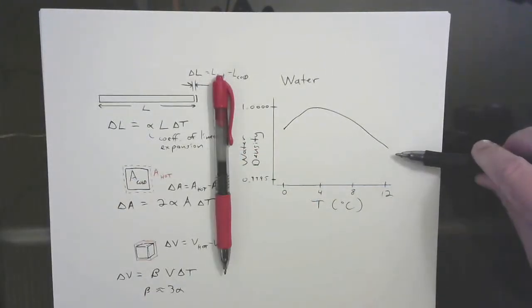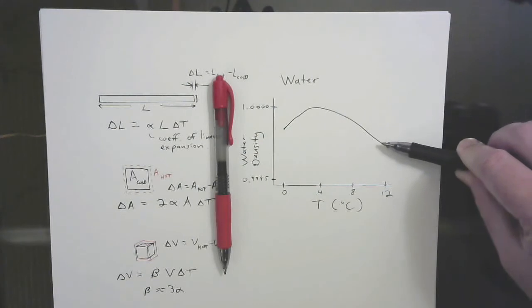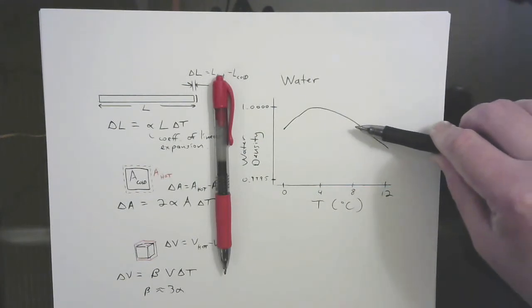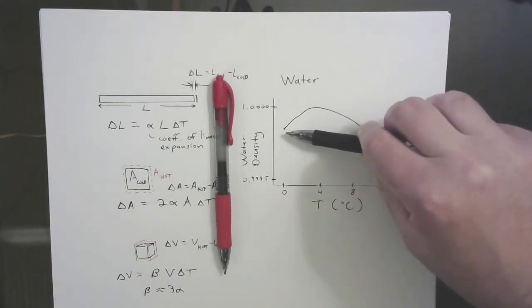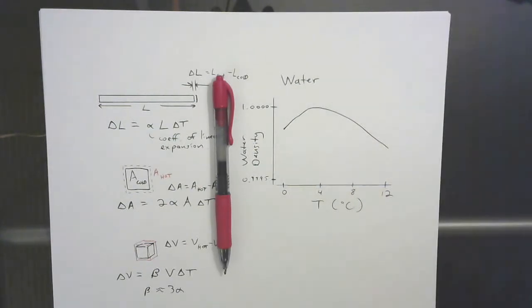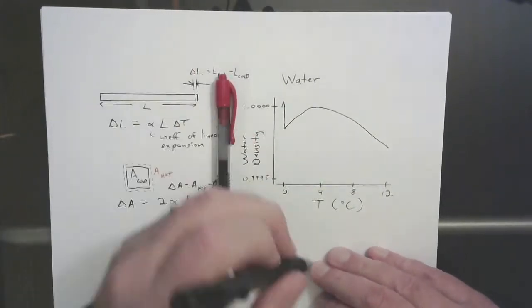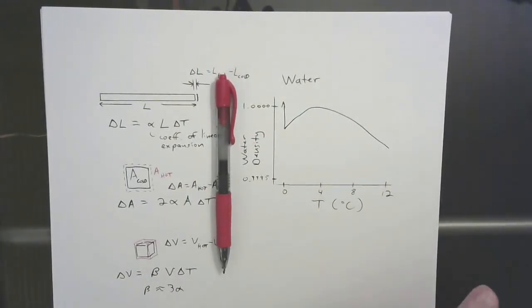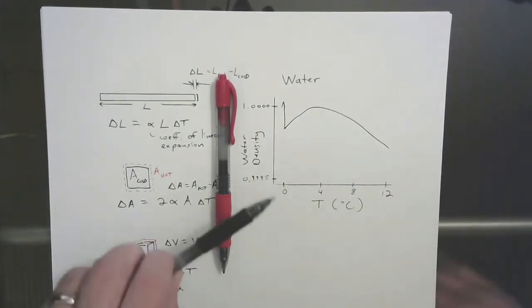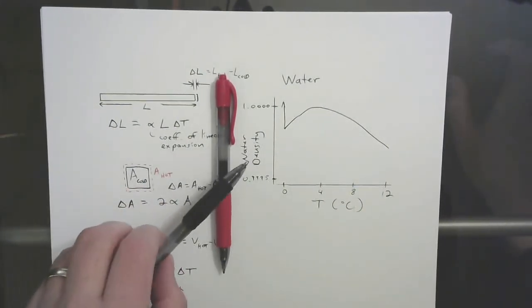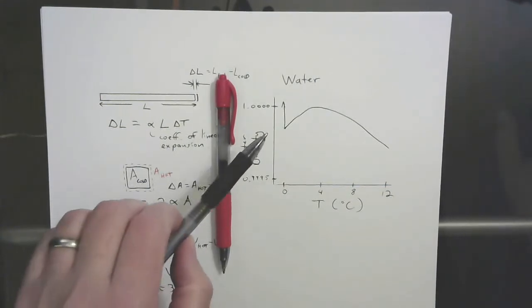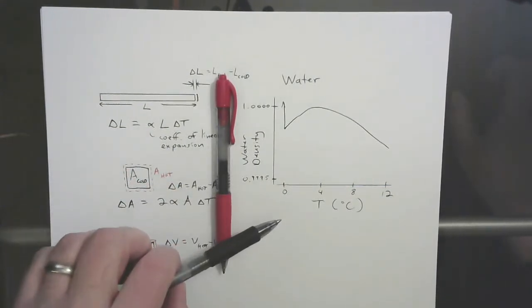So if you imagine cooling down, you start at 12 Celsius, and then 8, then 4, and then 0, and then there's a big jump when it turns to ice. I don't know where it is. It's off screen. But there's this interesting little divot. So you'd expect substances to lower density as you increase the temperature.